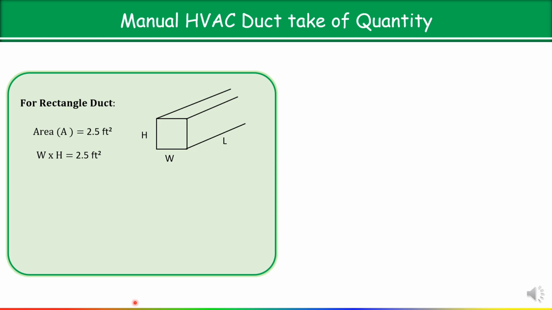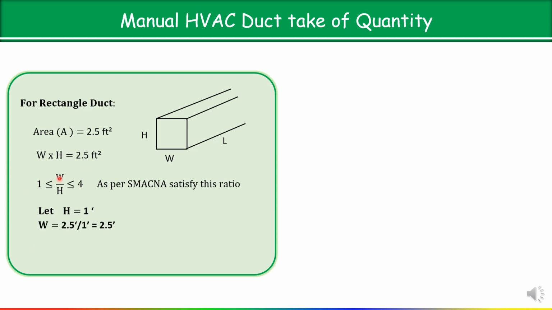So as per the space availability you have to assume the height. In our case, suppose I have assumed the height is 1 feet, meaning we only have 1 feet of space to run the ducting layout above the false ceiling.